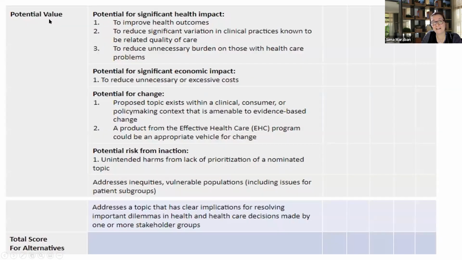And then at the end, the potential value is important as well, because something that improves healthcare outcomes is very valuable. Something that reduces significant variations in clinical practice is valuable. Something that reduces unnecessary burden on those with healthcare problems and vulnerabilities is more important and more valuable.